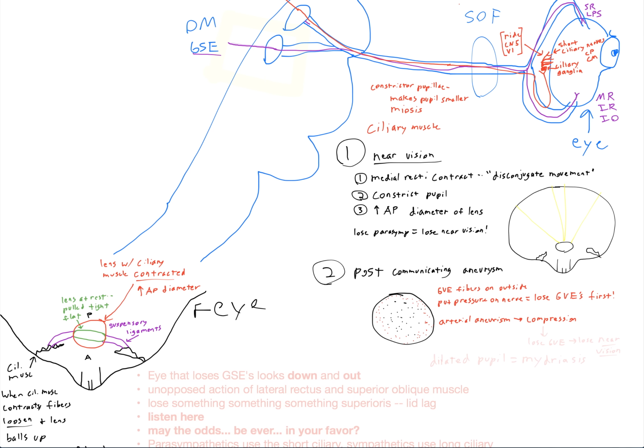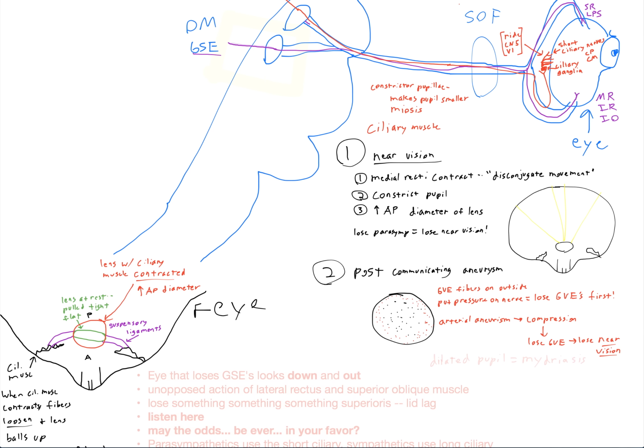So if you have unopposed action of your sympathetics, that pupil is going to be really big. Okay? There's a word for that. Mydriasis. So mydriasis is a big pupil.